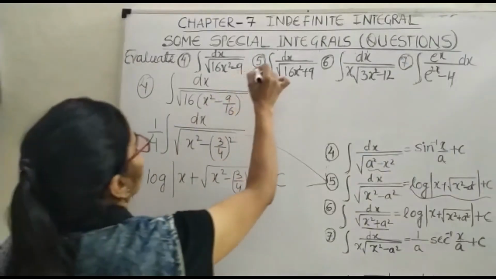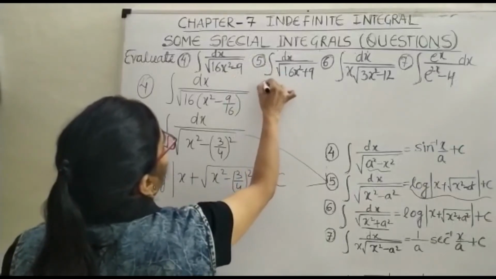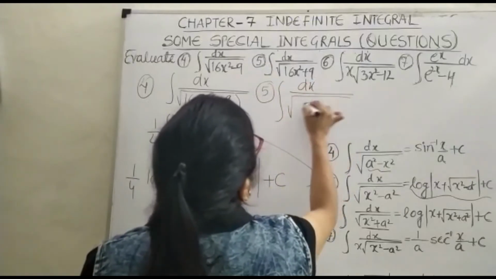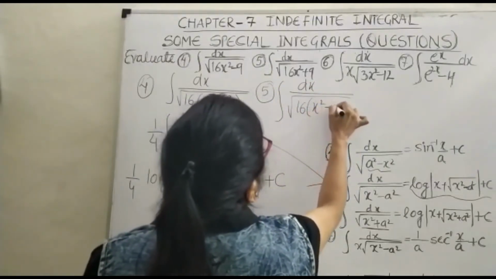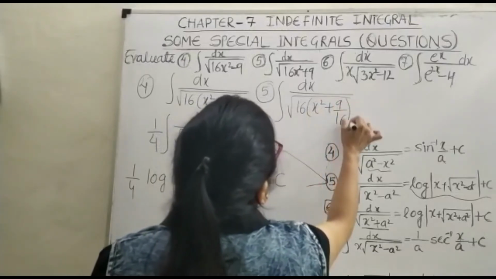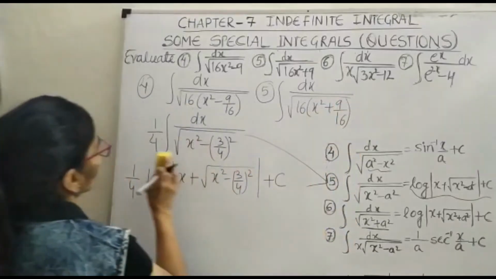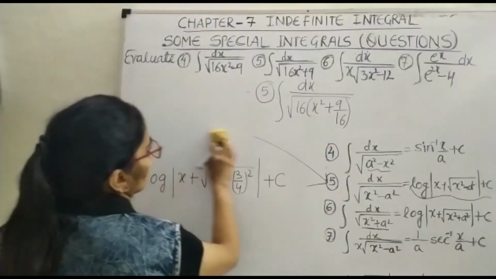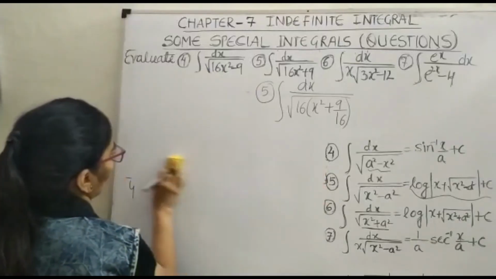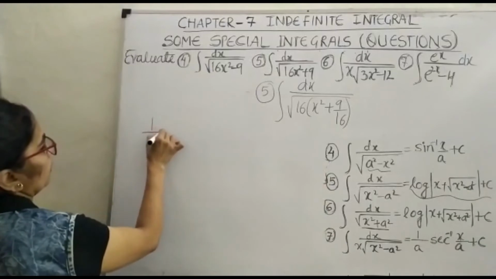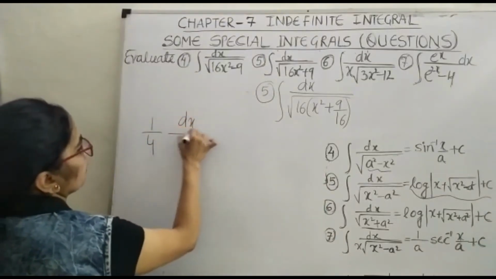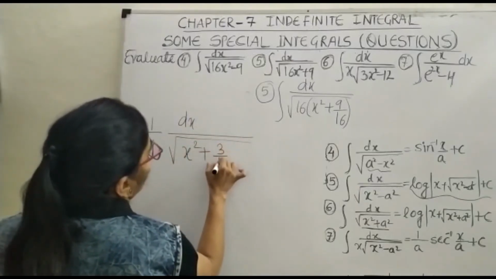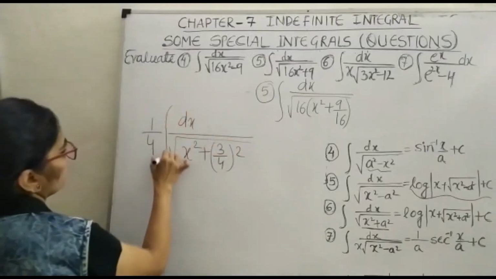In the same way, when we come to question number 5, you can see here the same way it will start, dx upon under root 16, that is x square plus 9 upon 16, right? And after that this takes the form 1/4 dx upon under root x square plus 3/4 the whole square, and this is the integration.